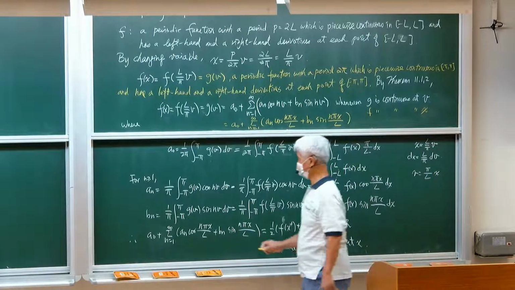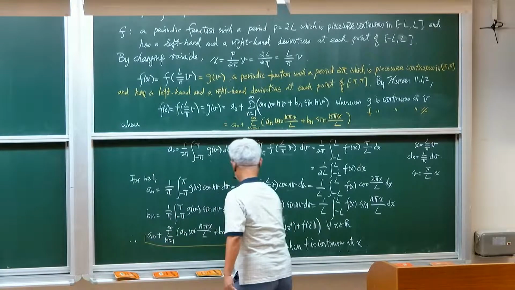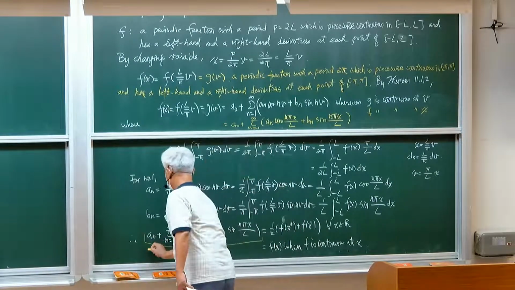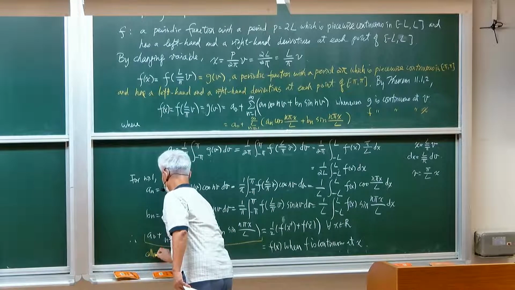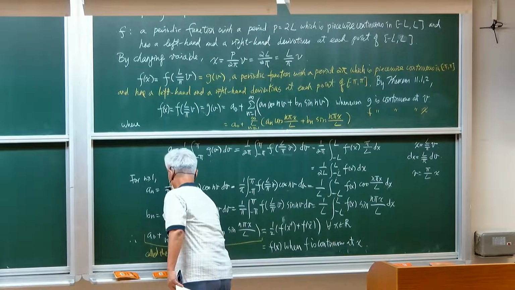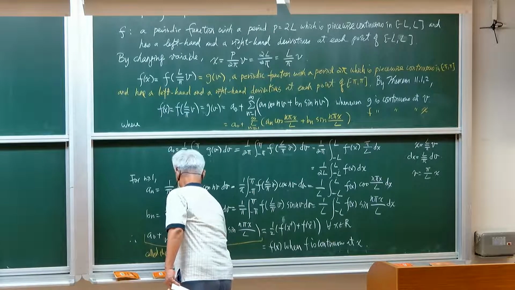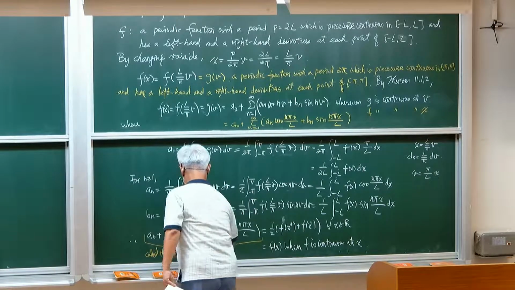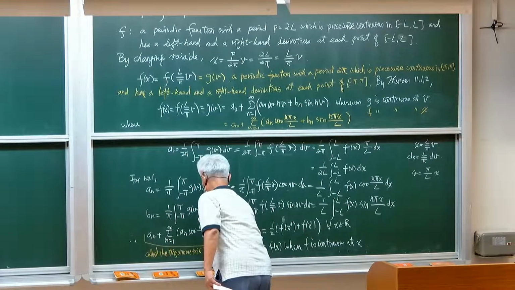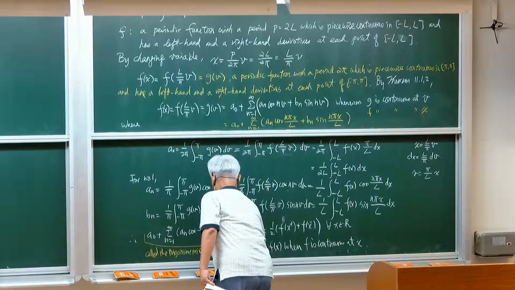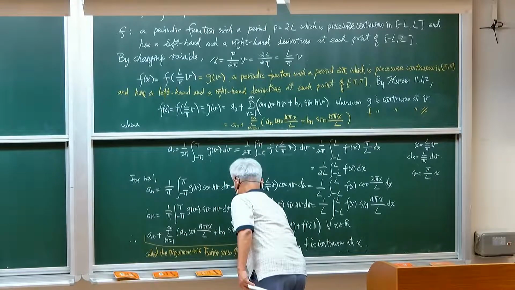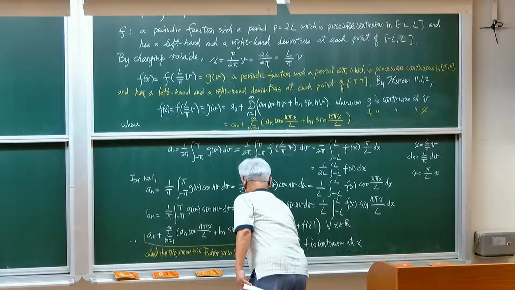Okay, and so this is called the trigonometric Fourier series generated by f.